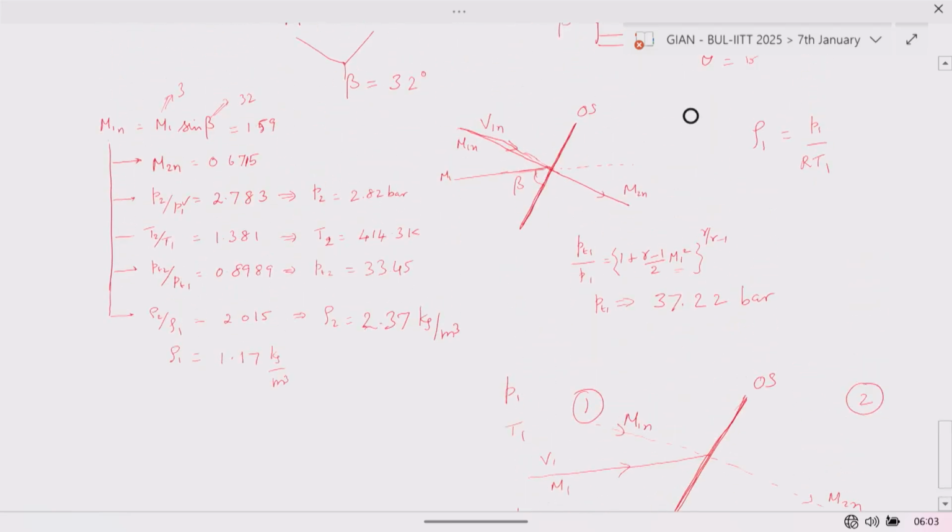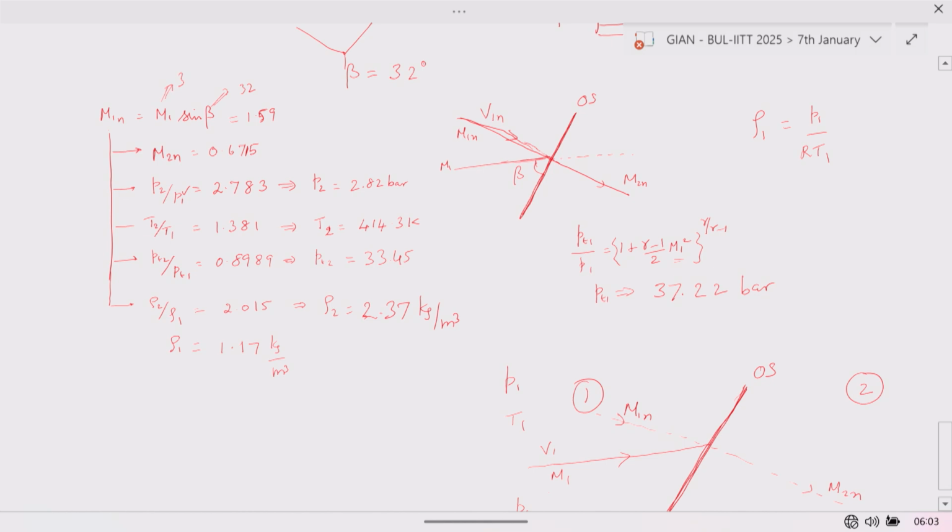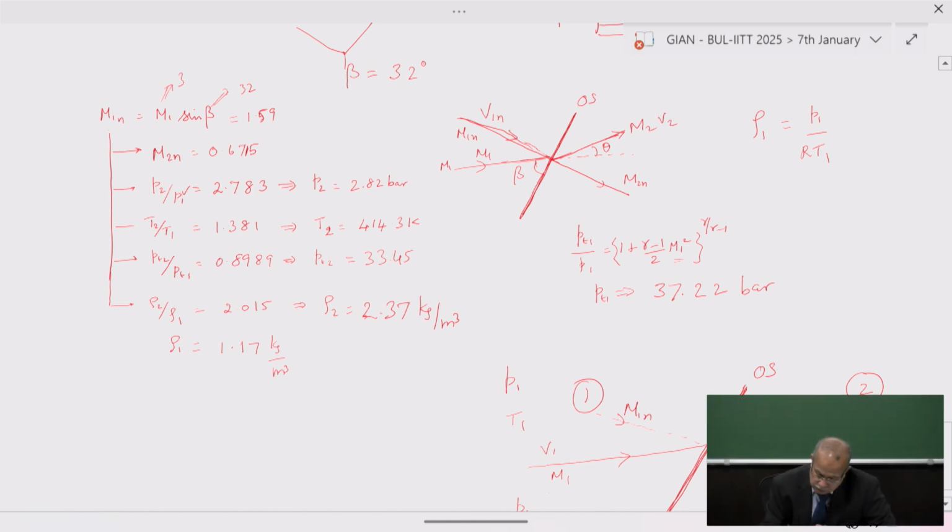Now we can see from here in this picture, the flow that comes in at M1 will turn by an angle theta, and that will be M2 or V2. The flow itself makes an angle beta minus theta, and what we have learnt is M2n is equal to M2 sine beta minus theta.